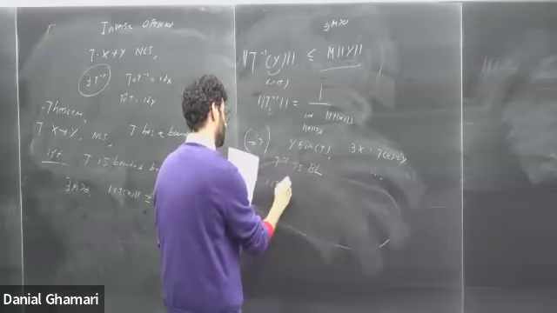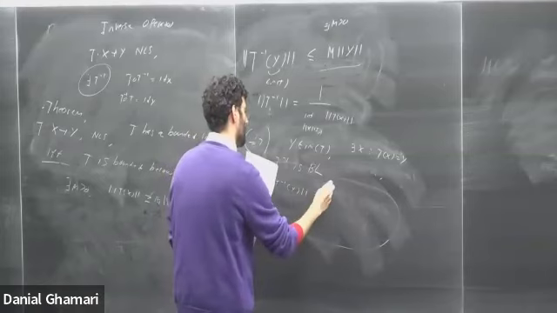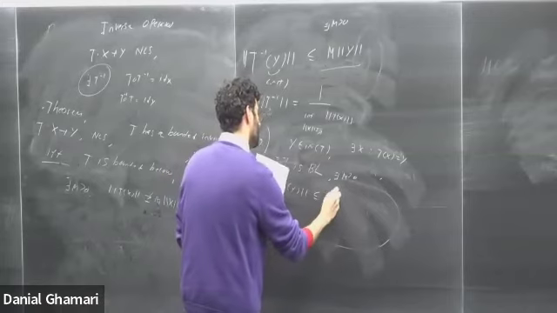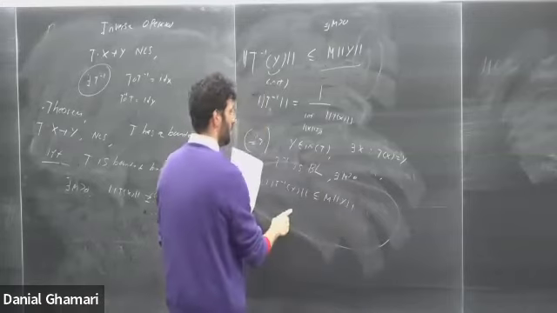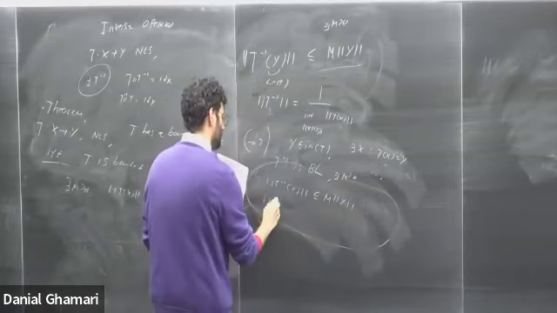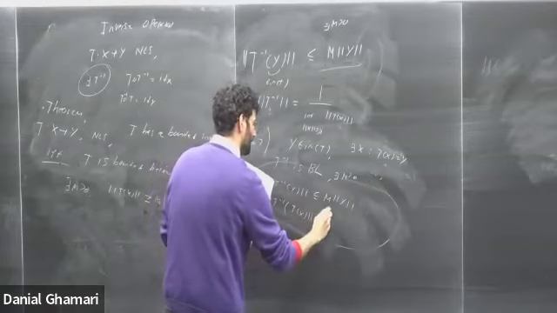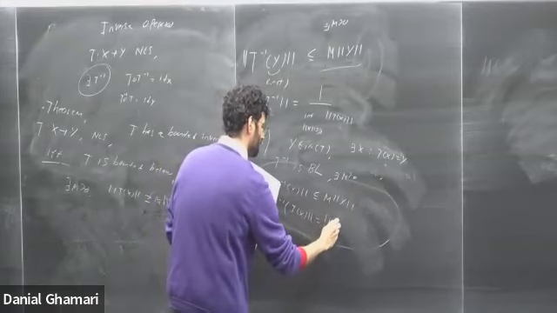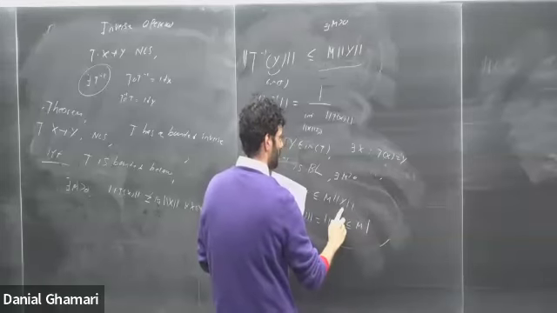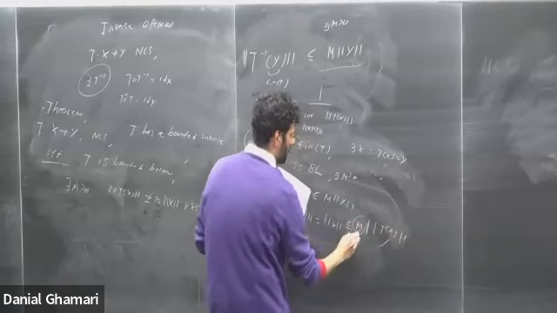So that means that since T inverse is bounded linear, there exists some M such that the norm of T inverse of Y is bounded above by M times the norm of Y. But Y is an element of the image of T, so I can now just plug in T of X. T inverse of T of X is just equal to X, which is then bounded above by M times the norm of T of X. I can move this M over here.